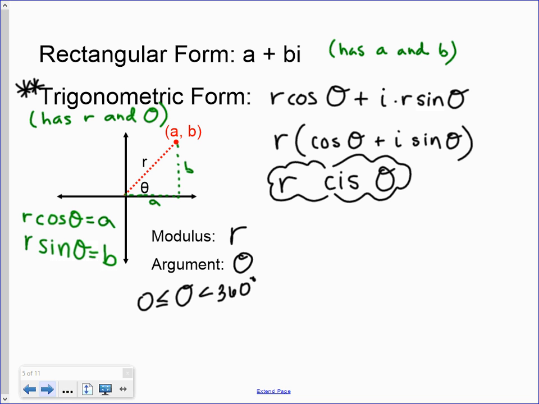Okay, now before I leave this slide, we have A and B in terms of R's and thetas. Can you write R and theta in terms of A's and B's? What would R be equal to?